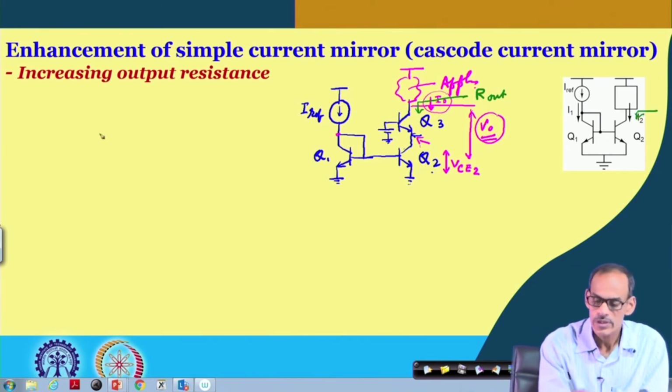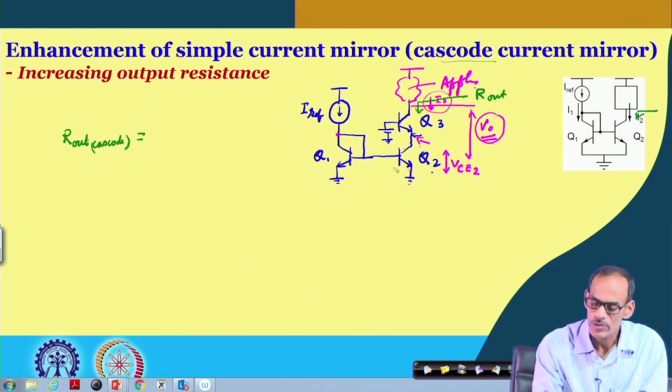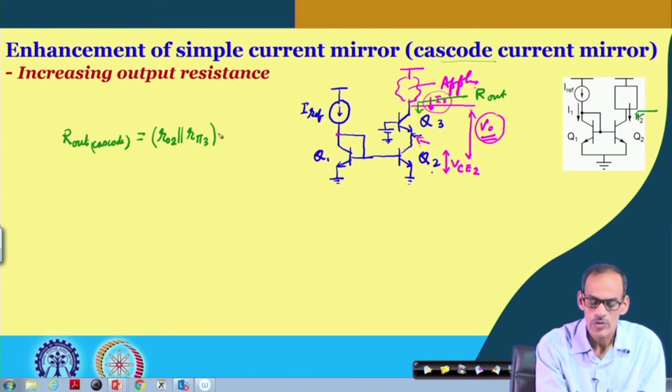In fact, if I consider this structure, which is referred to as the cascode current mirror, the output resistance of the cascode circuit is equal to R_O of transistor 2 in parallel with R_pi 3, and then we have R_O of transistor 3, plus g_m3 R_O3 times R_O2 in parallel with R_pi3.